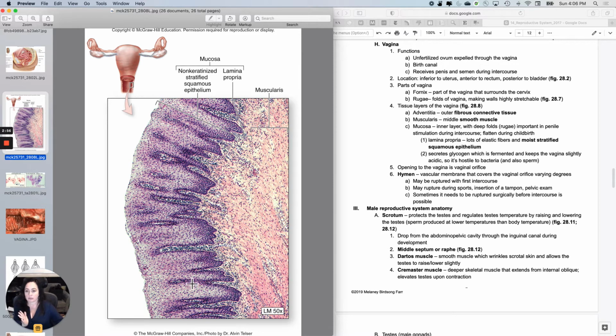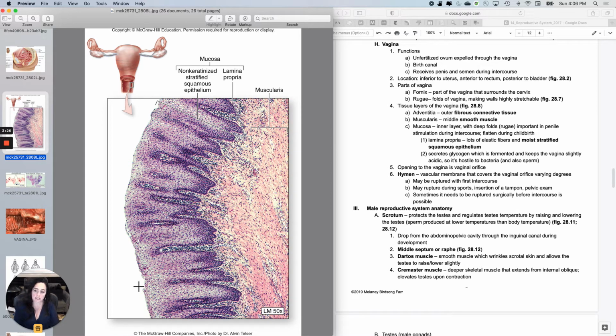And then the inner layer of the vagina is made of a mucous membrane. It's got deep folds in it called rugae, and the rugae are actually important for 2 reasons. They stimulate the penis to make ejaculation more likely, and they allow for a tremendous expansion during childbirth.